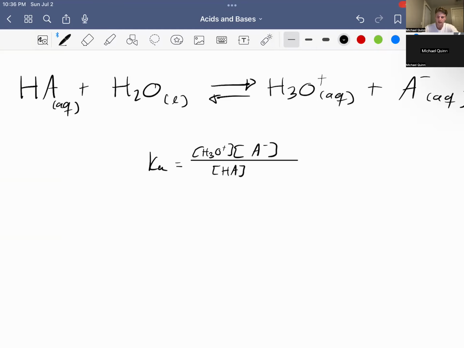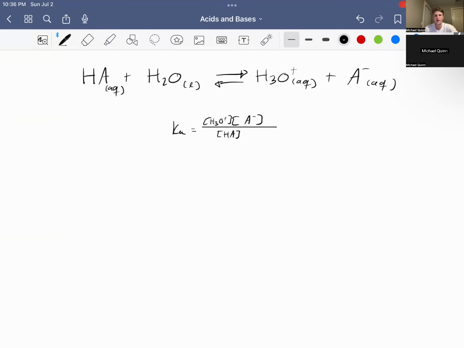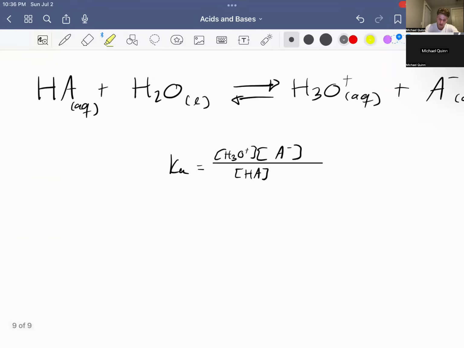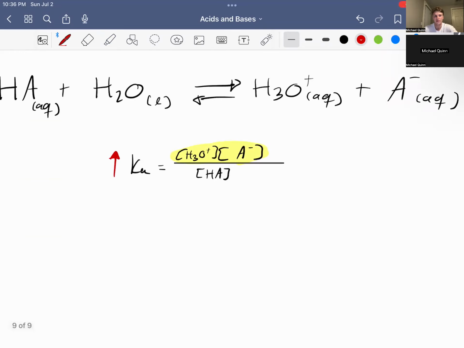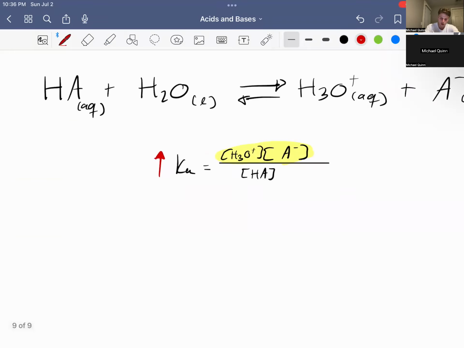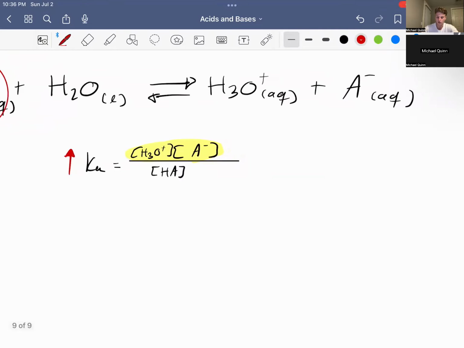So what does this mean in terms of the values we can get for Ka? Well, as we can see, the greater the numerator, the greater that Ka will be. So what does this mean for the strength of this acid? Well, the stronger that this acid is, meaning the more likely it is to donate its hydrogen, the more products we will see.